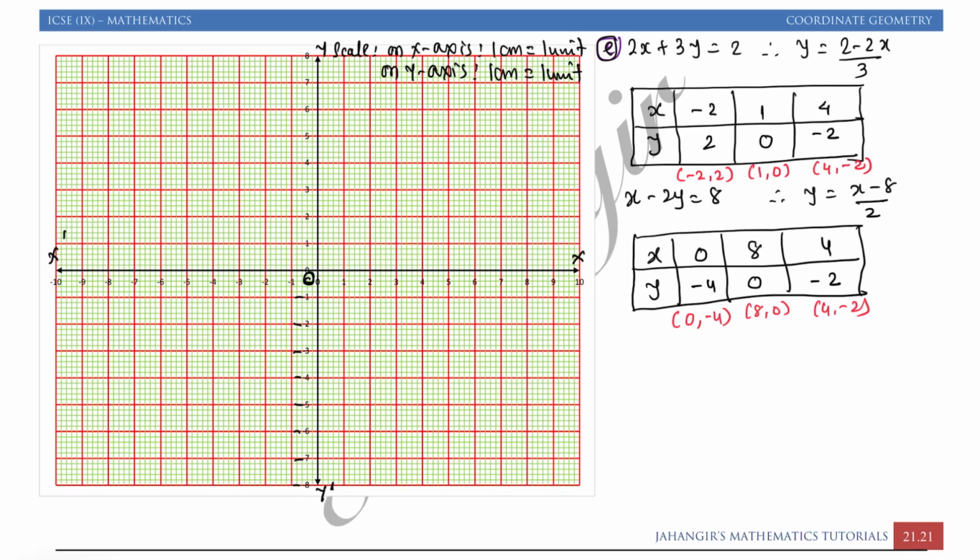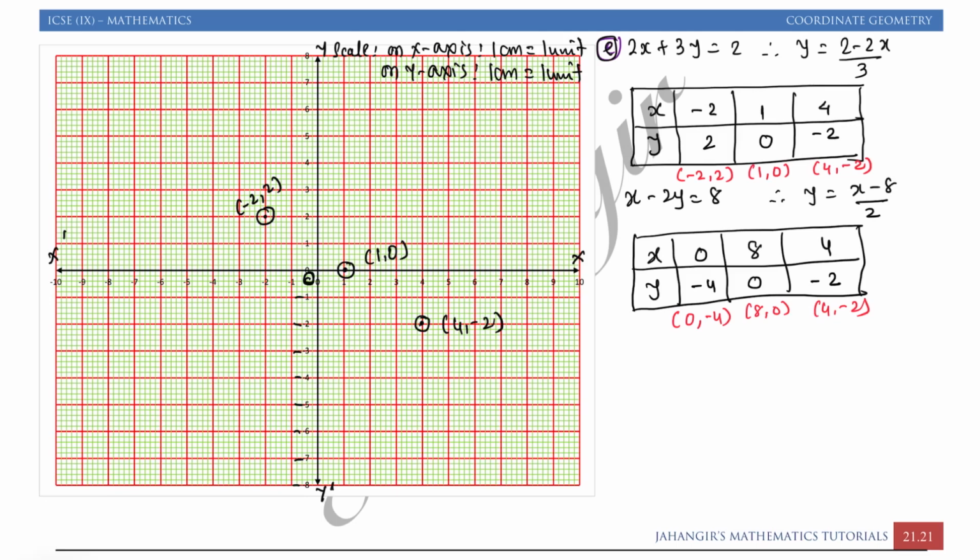The first point is (-2, 2), so (-2, 2) is over here. The second is (1, 0): 1 on the x-axis and 0 on the y-axis. The third is (4, -2), where x is 4 and y is -2.